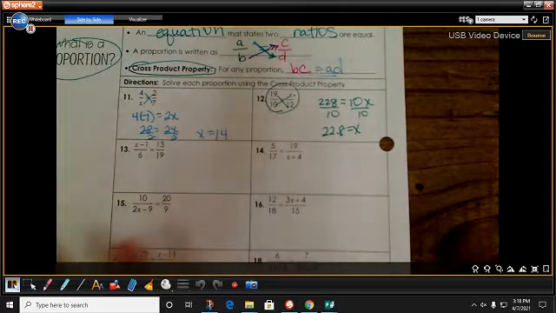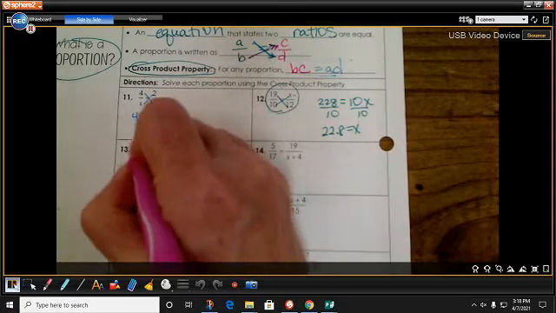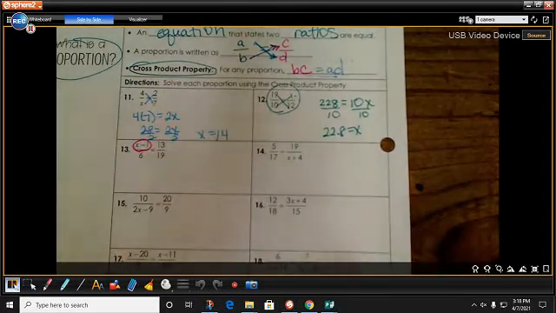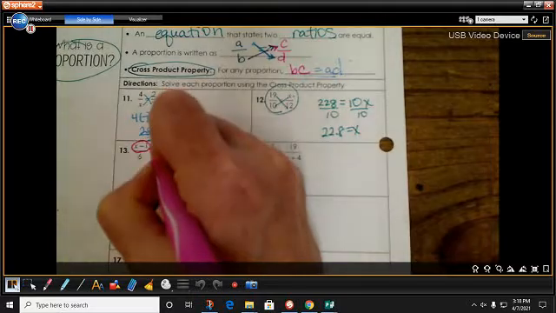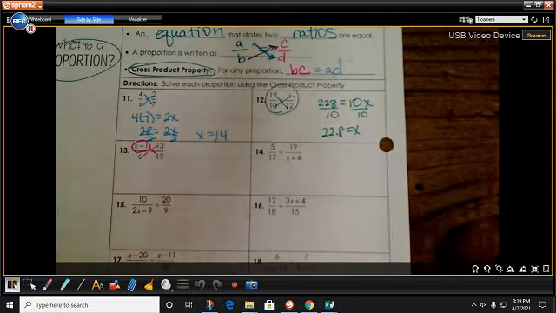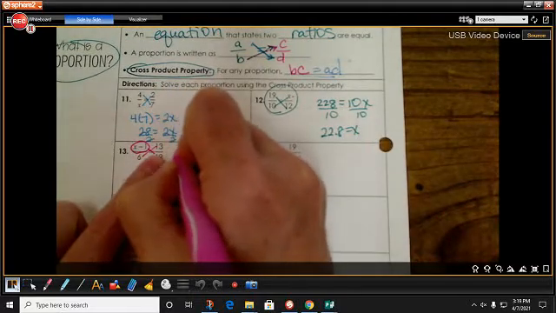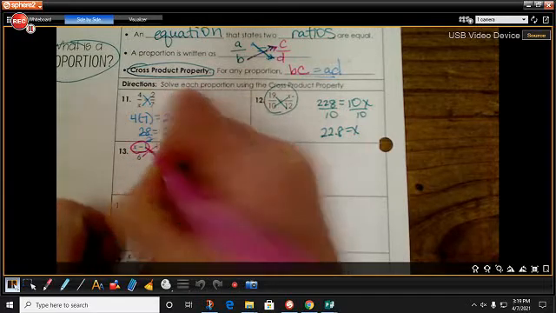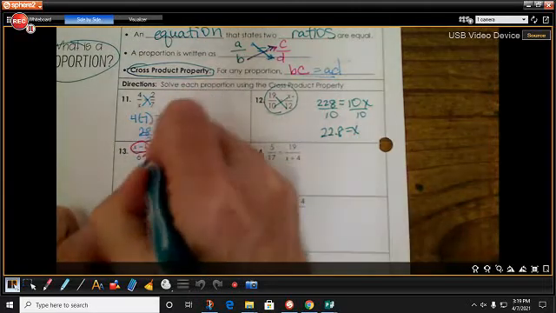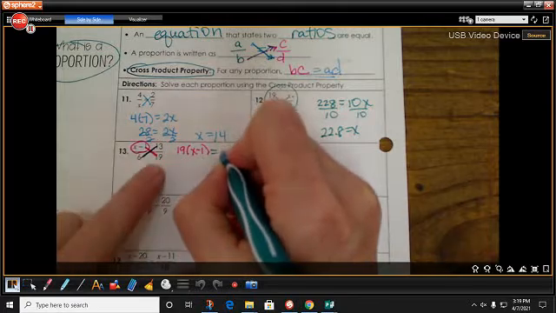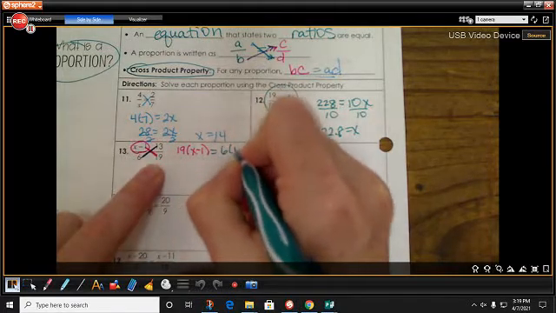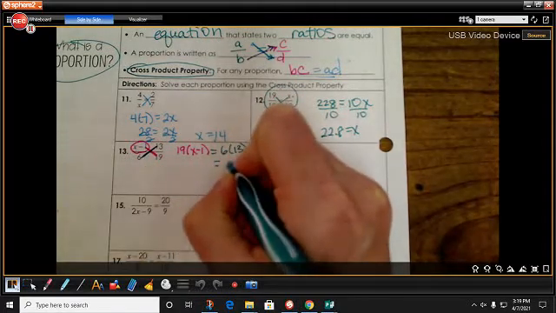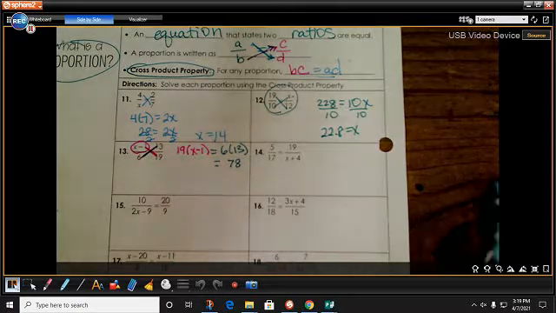Using this concept, we can get even more complicated. Here, I have a whole expression that's missing, but I can still use my cross product property. So I know that 19 times this x minus 1 going this way had better equal whatever 6 times 13 is. Well, 6 times 13 happens to be 78.